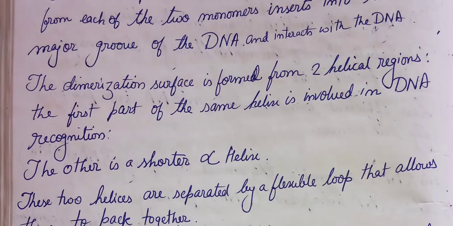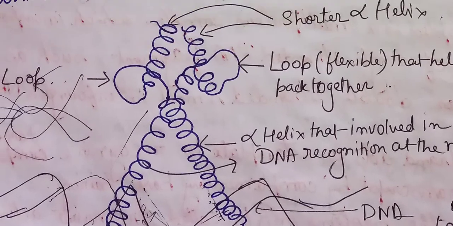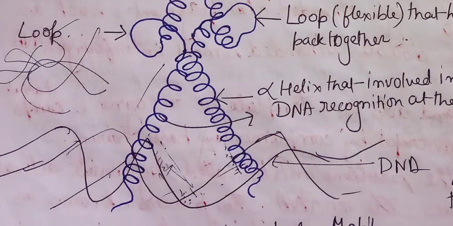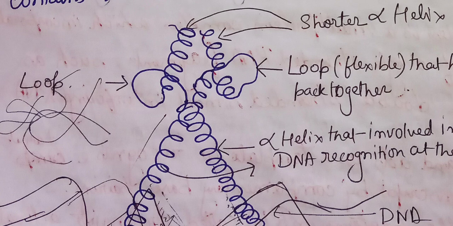The dimerization surface is formed by two helical regions. The first part of the same helix is involved in dimerization, and that same helix has a second part.